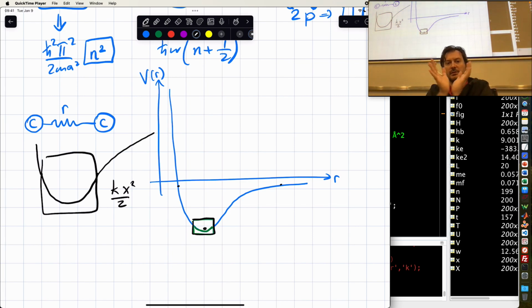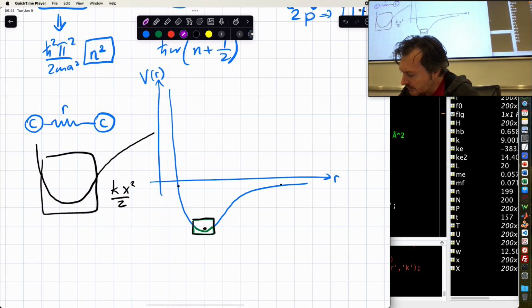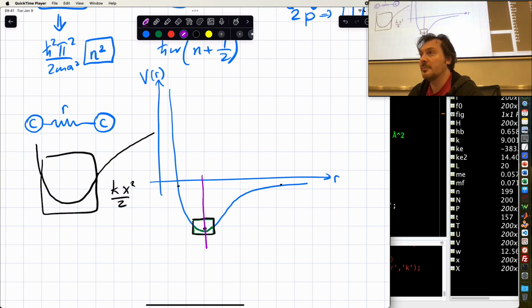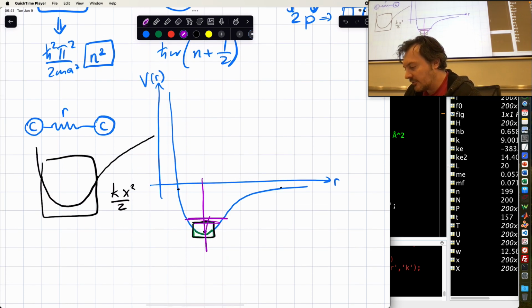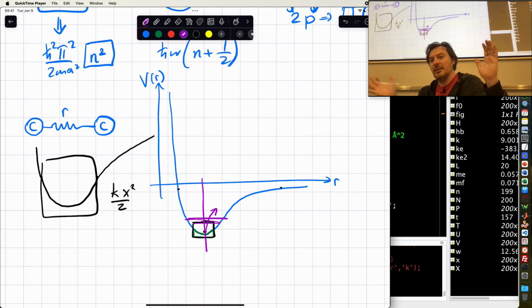For example, the deviation from harmonic potential accounts for thermal expansion, right? Why? Because the bond jiggles around this point, but if it jiggles too much, you can see that the average of the jiggling actually shifts to the right. Do you see it? Because the potential is a bit more towards the right than towards the left. That's why as you heat something, it expands. All right?